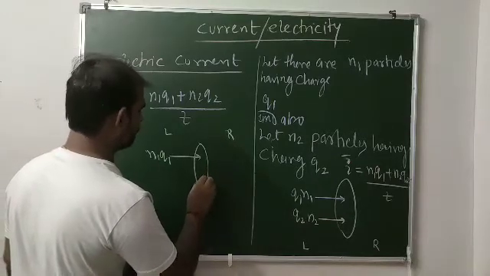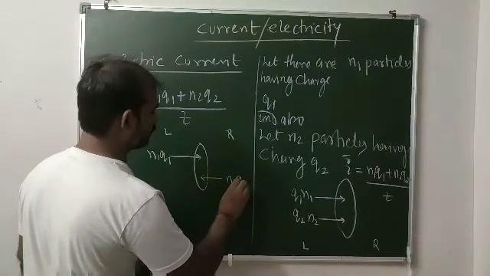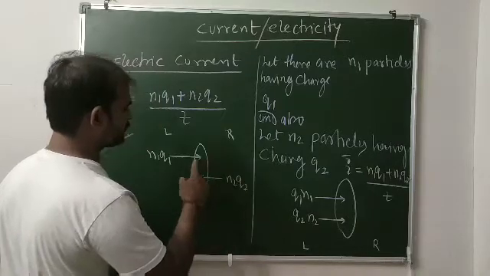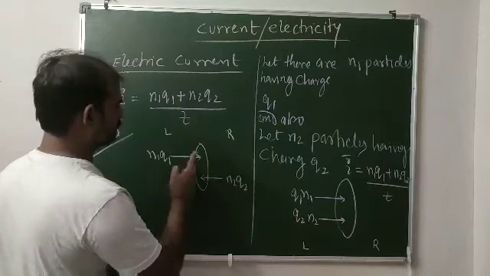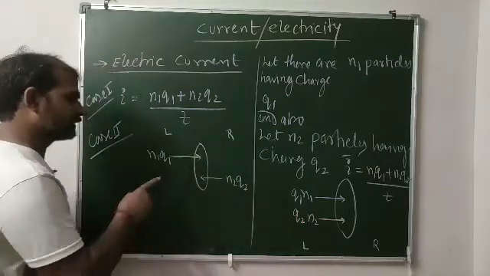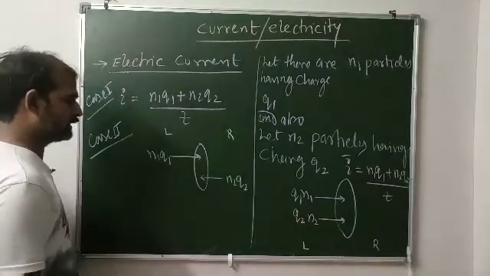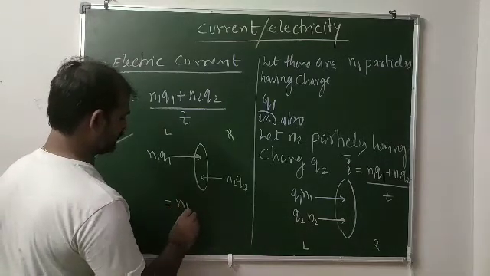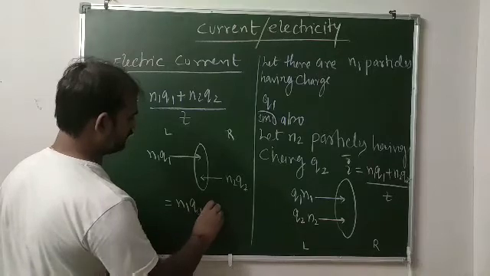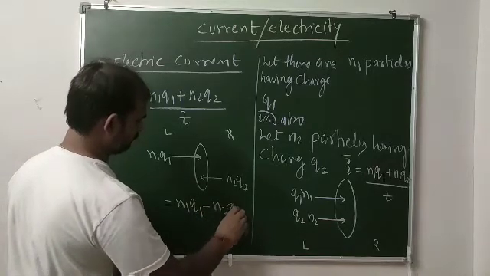In the same way, N2 Q2 amount of charge is passing through this section of wire right to left. So the net charge passing through this section of wire in time t is N1 Q1 minus N2 Q2.